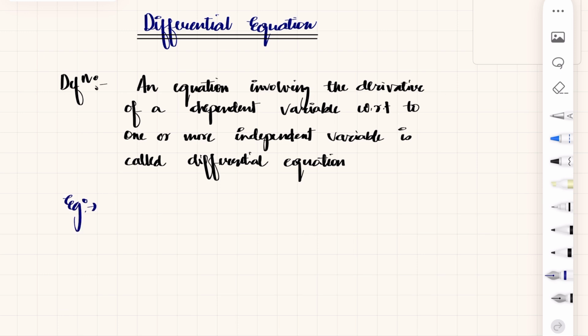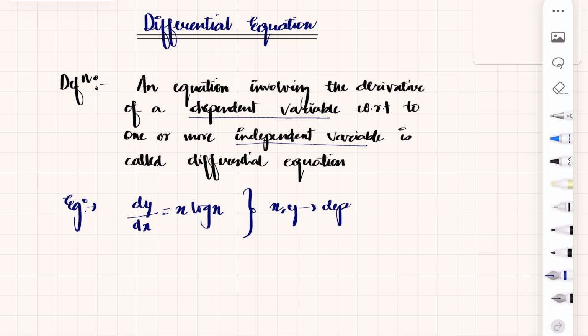One is called the dependent variable, one is the independent variable. So dy by dx equals x log x. Here, how many variables are there? Yes, two: x and y. y is the dependent variable, and x is the independent variable.